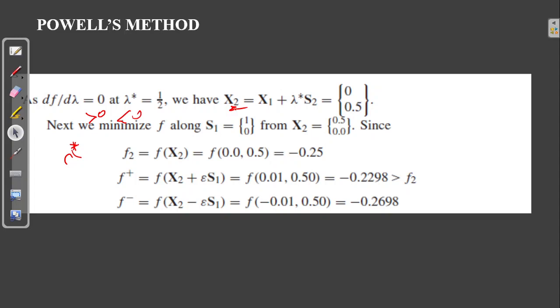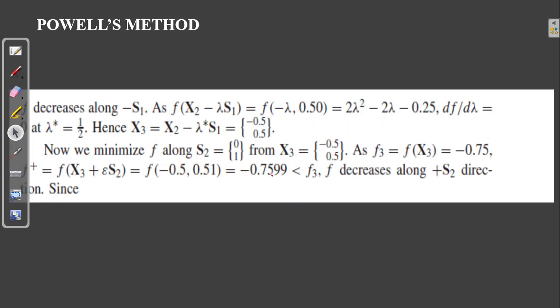Then x2 equals x1 plus lambda star S2, and next we minimize in the S1 direction, or x1 direction, and then we found x3.